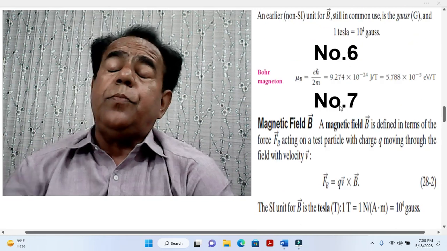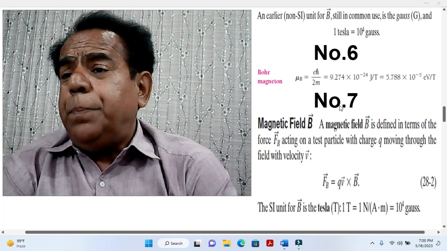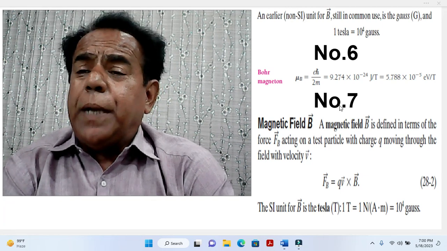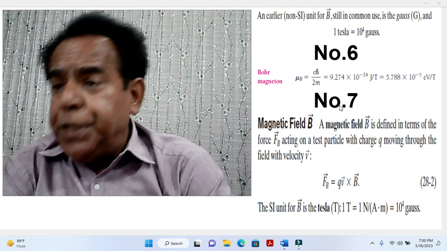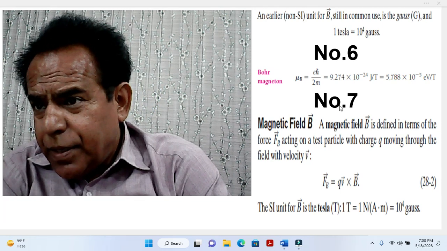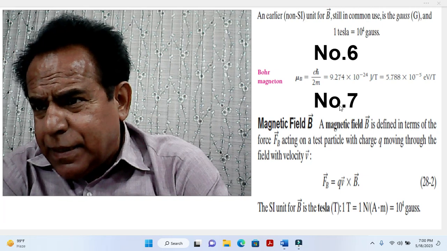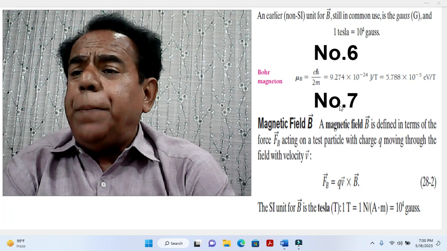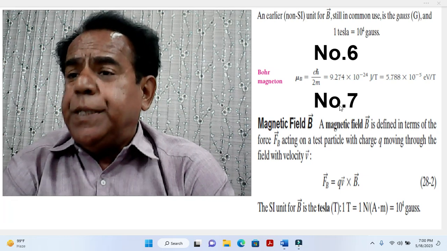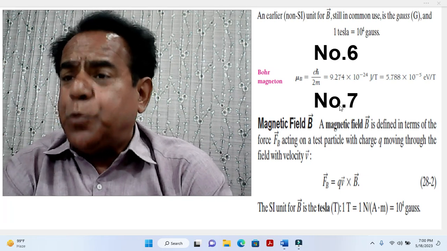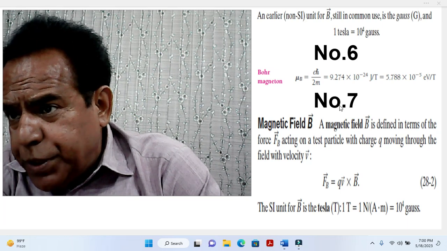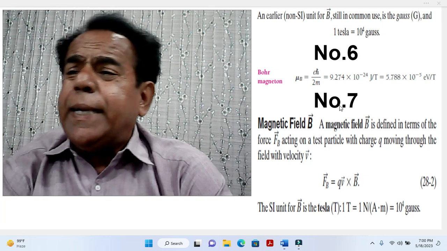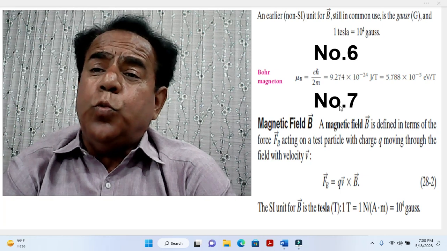Okay, dear students, in tool number 6, Bohr magneton is defined. Bohr magneton mu b, where b is written as a subscript of mu, is equal to e h cut over 2m. We know that h cut is equal to h over 2 pi.